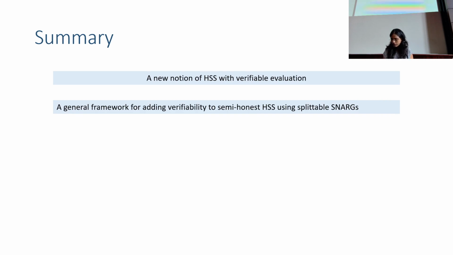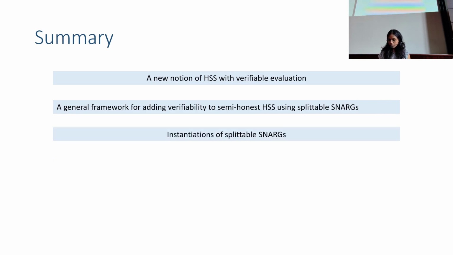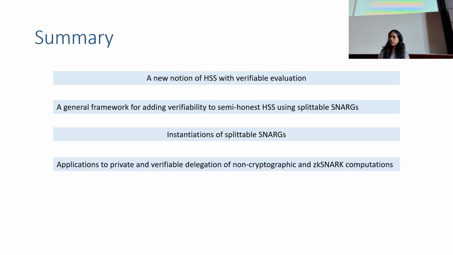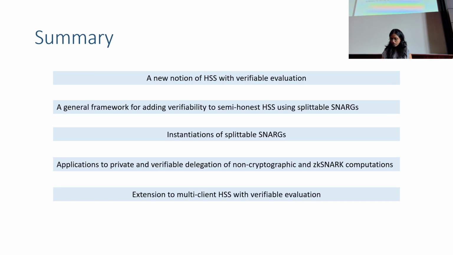We also present some instantiations of splittable SNARKs, and as applications, we show that this notion has application to verifiable delegation of non-cryptographic and zero-knowledge SNARK computations. Also, this is something that I didn't get a chance to talk about: we also have results in the multi-client HSS with verifiable evaluation setting, and also applications of that to delegation of computation.